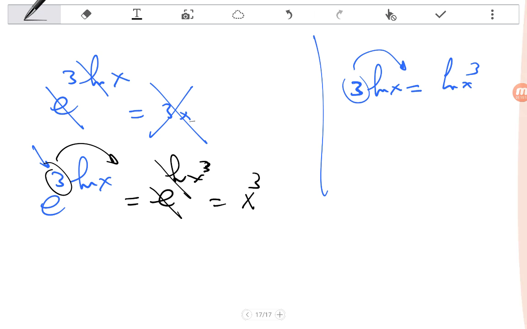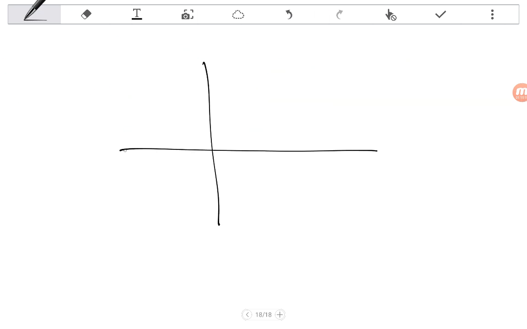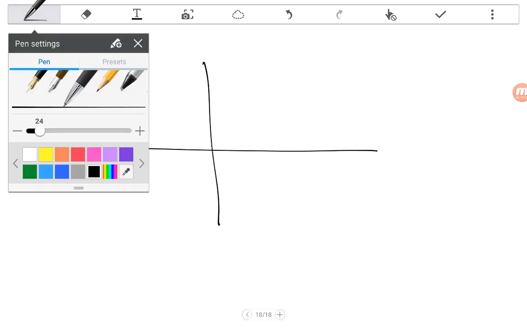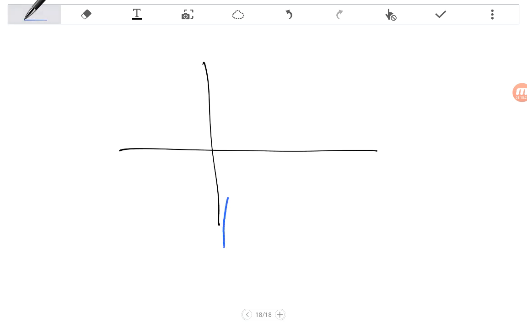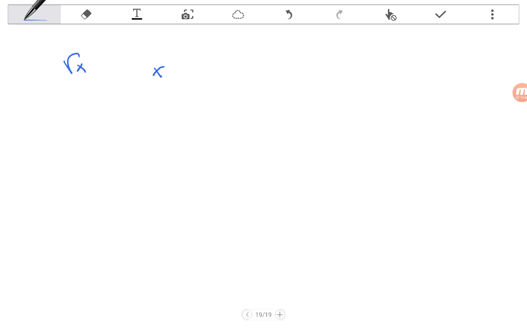What is the graph of the ln? The logarithmic function. The graph would be something like this. Whenever I have a function and its inverse, there is a reflection about y equals x. For example, root x and x squared are inverse functions. This function is x squared, and I will just take the positive side.